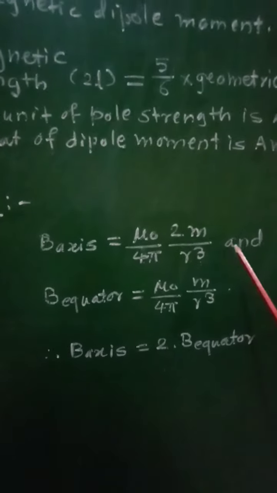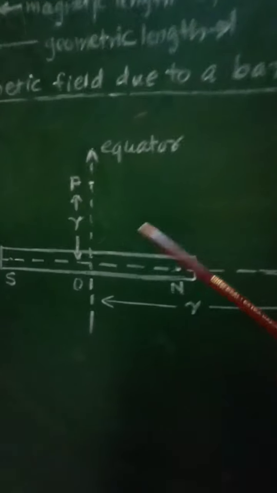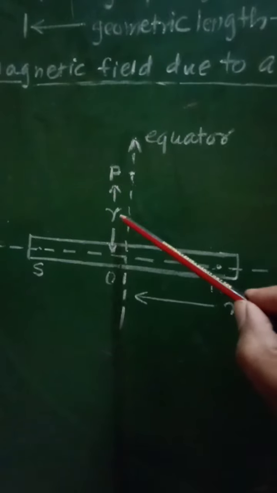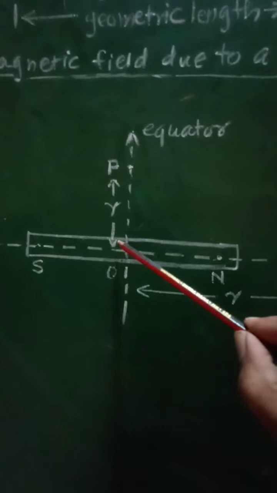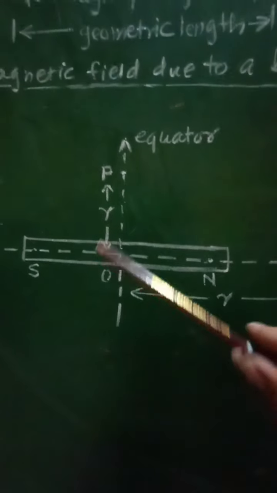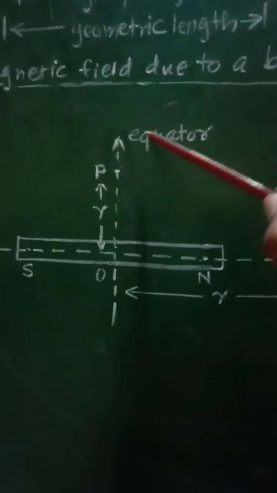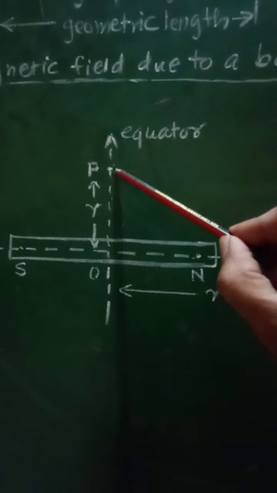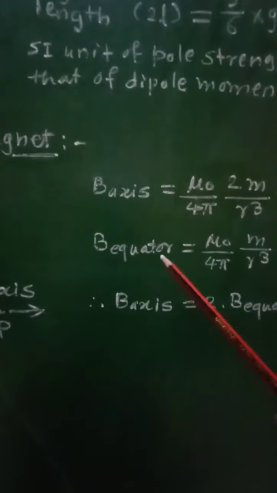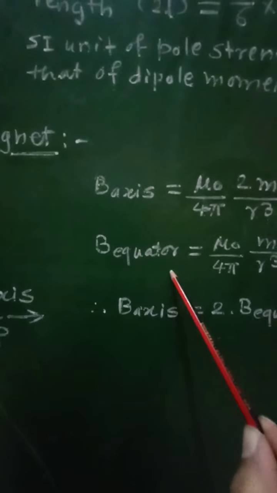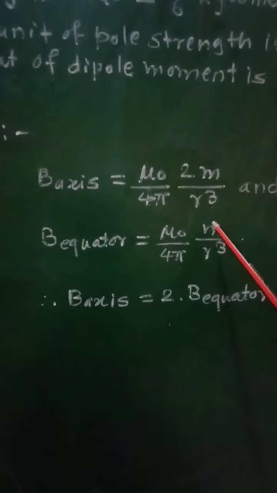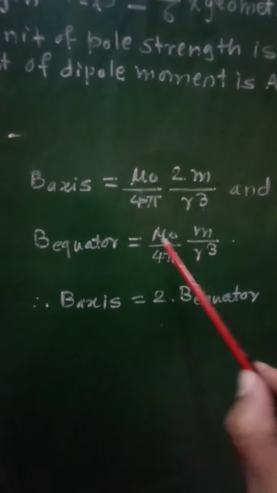Similarly, if you consider any other point P along the equator at a distance r from the center of this bar magnet, then at this point P along the equator we can find the magnetic field B. The magnetic field at the equatorial point is given as B equator equals mu0 upon 4 pi, m by r cube.